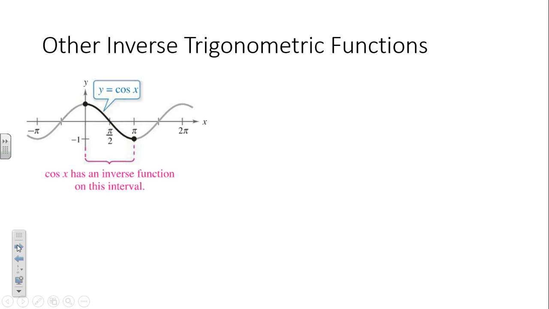So we're going to restrict the range of the arc cosine to be between 0 and pi. That way we get one portion of that cosine wave that isn't repeated.